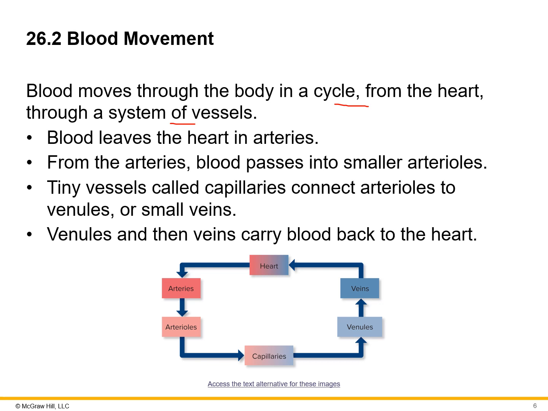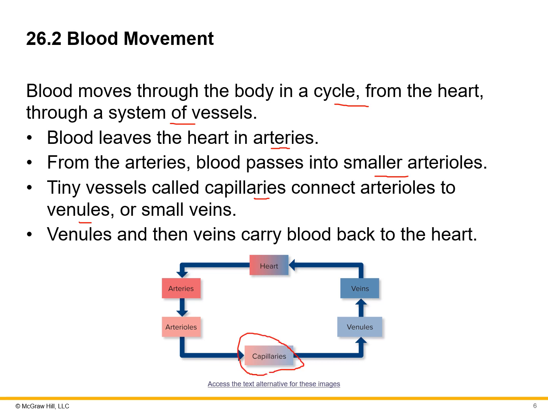As blood leaves the heart, it moves in arteries, so arteries carry blood away. Those larger arteries pass into smaller ones called arterioles, and then to the smallest vessels, which are called capillaries, and that's then going to connect the arteries to the veins. The small veins are called venules, and the capillaries are what's in between.